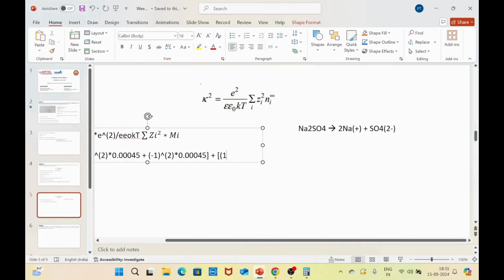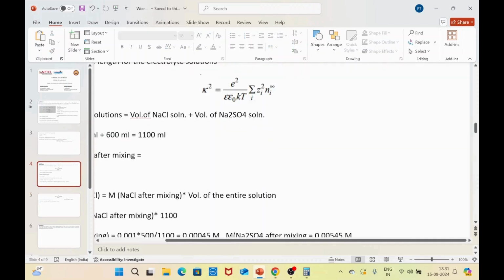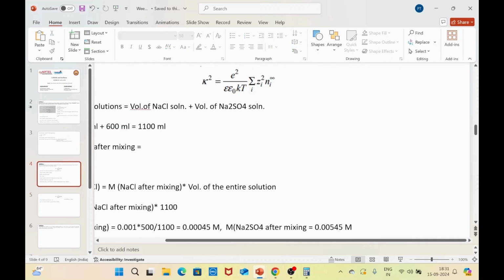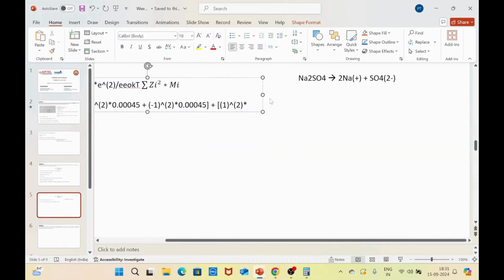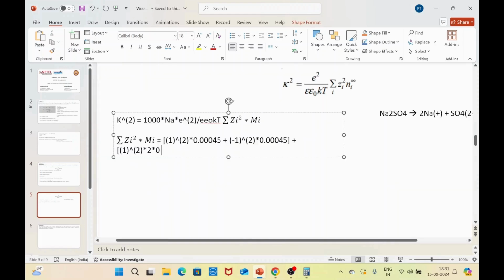for Na it is plus 1, so that will be 1 square times your Ci. Here your Ci for Na2SO4 came around 0.004545, but for Na plus ions it will be 2 times 0.004545.